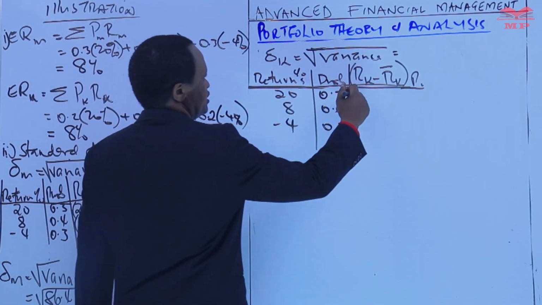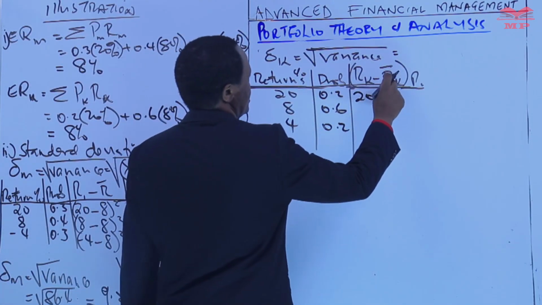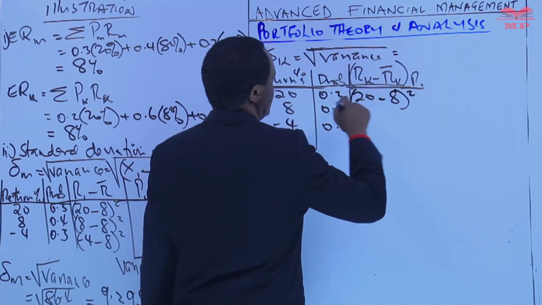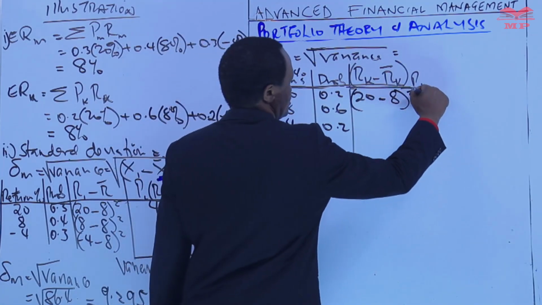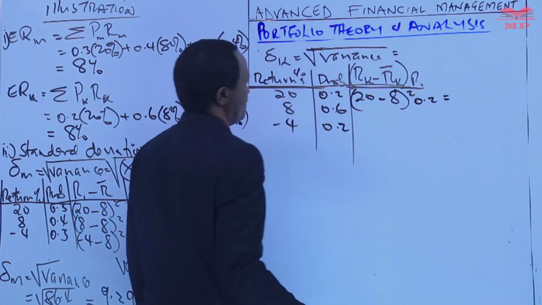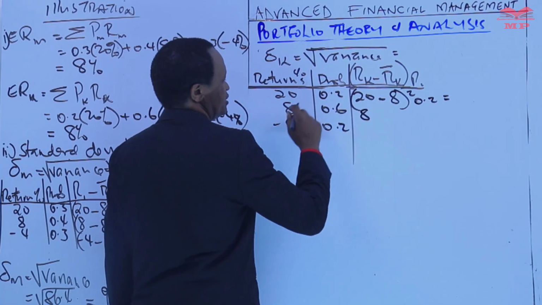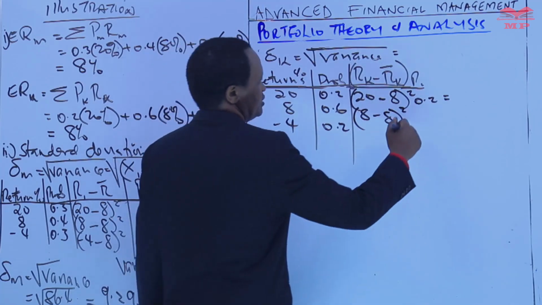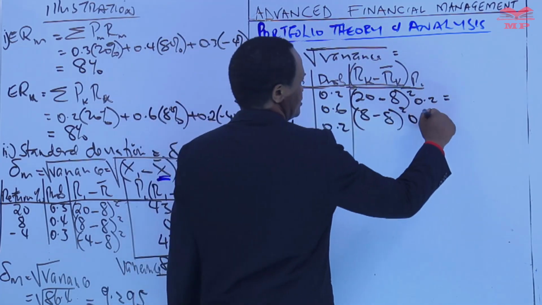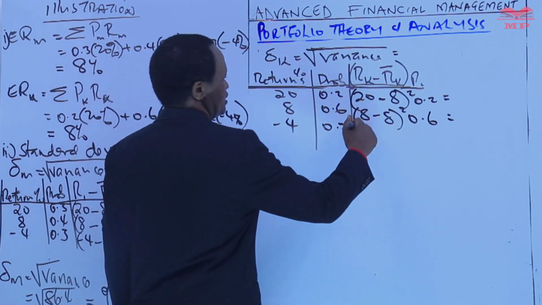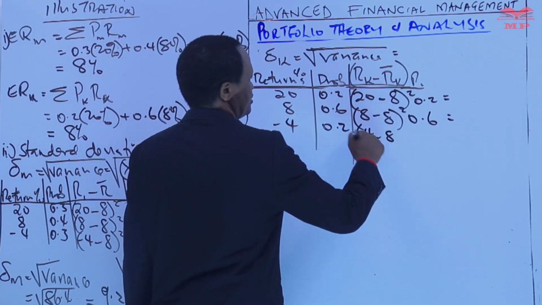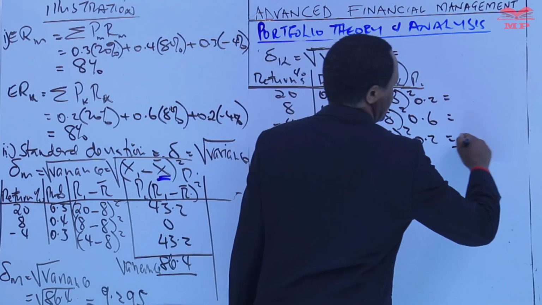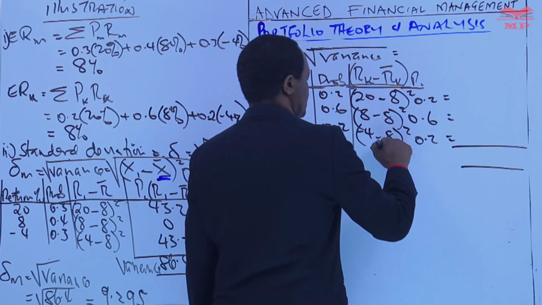RK is 20 minus expected return 8, squared, multiplied by the probability 0.2. How much is it? 8% minus 8% squared multiplied by the probability 0.6. How much is it? Negative 4 minus 8% squared times probability 0.2. How much is it? Get the total. That is the variance.